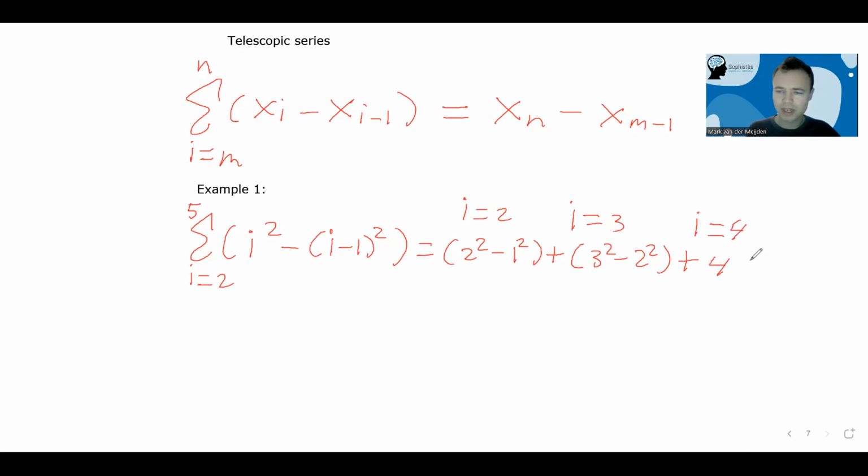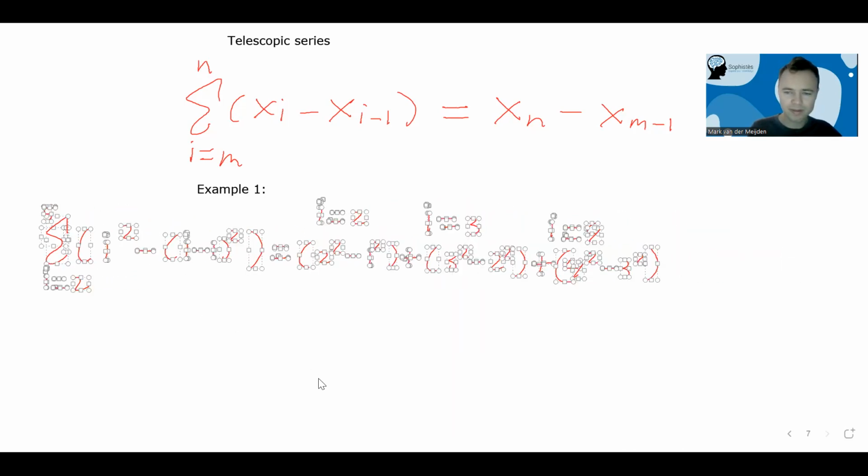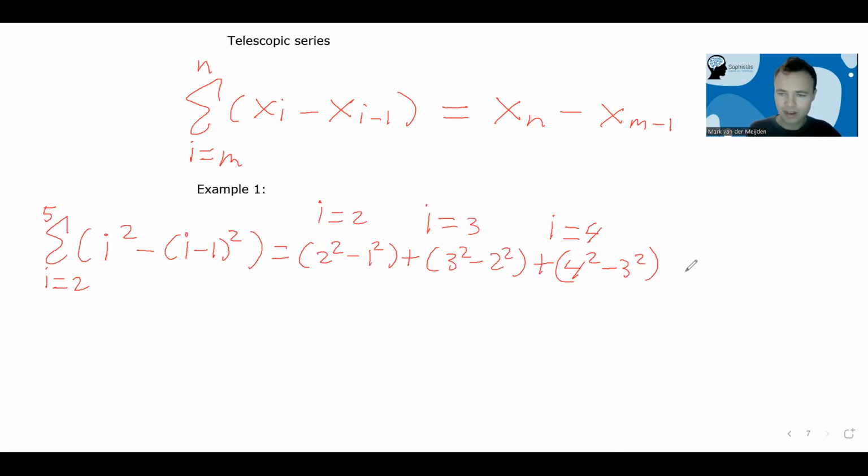There you get 4 squared minus 3 squared. And then you get i is 5, which is 5 squared minus 4 squared.